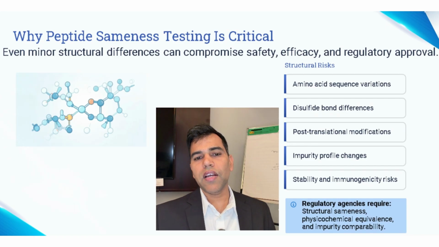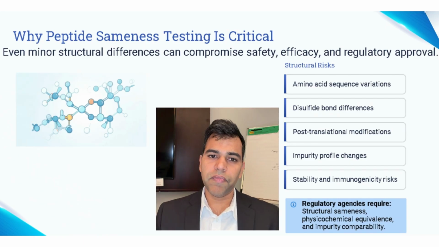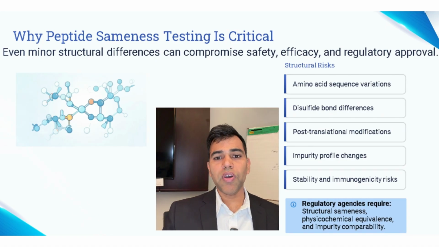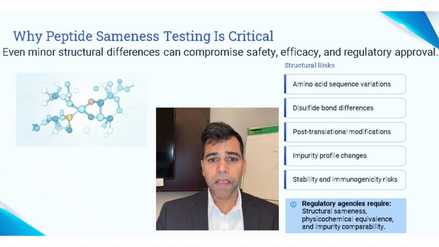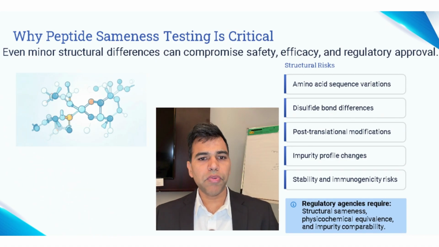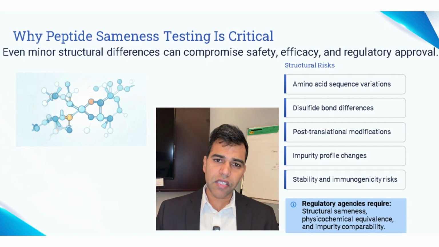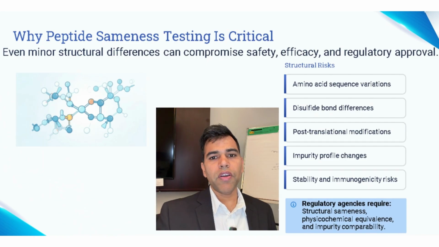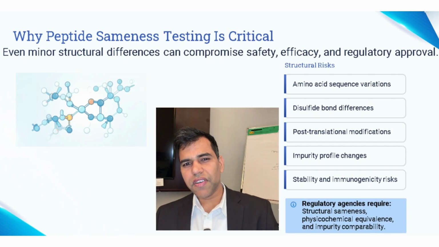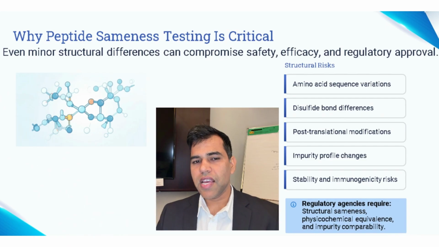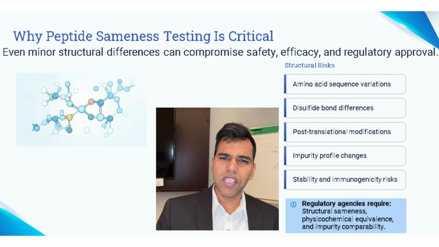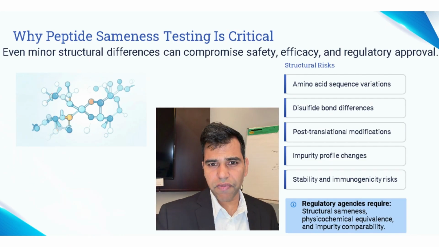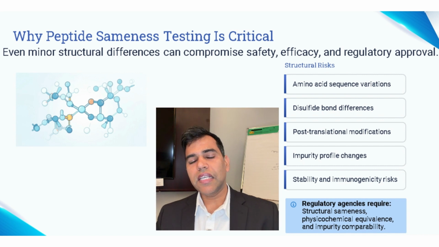And here is where a lot of teams run into trouble. They underestimate how nuanced this reality is. Even a single amino acid substitution, a scrambled disulfide bond, or a slightly different impurity fingerprint, any of those things can raise a red flag in a regulatory review.